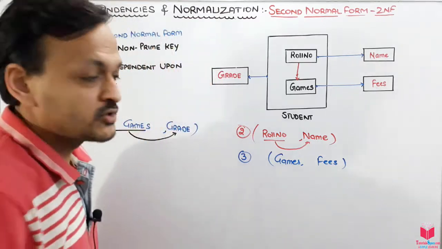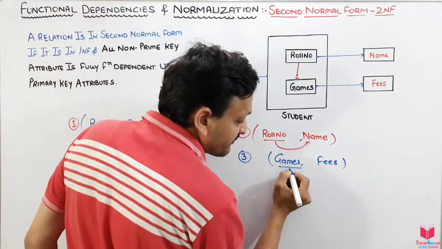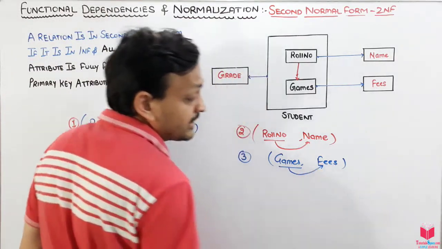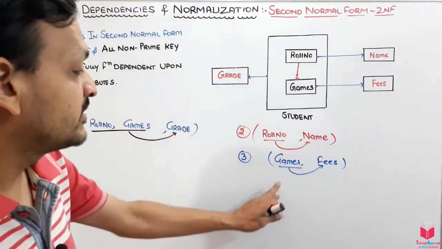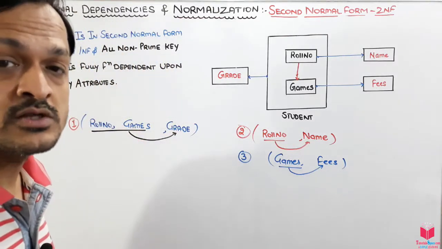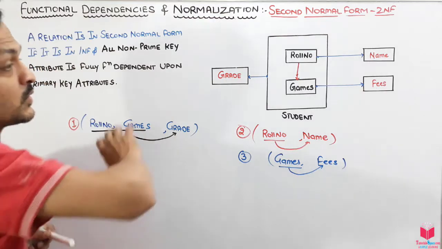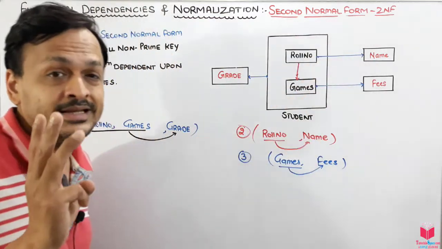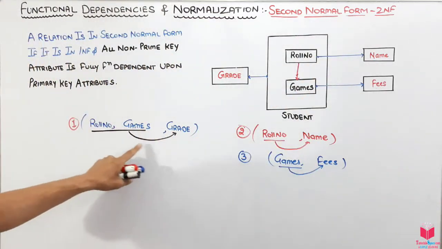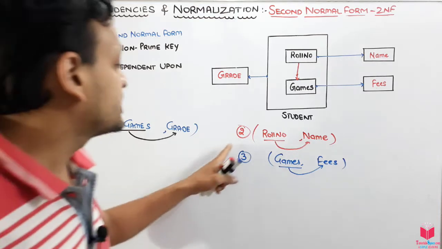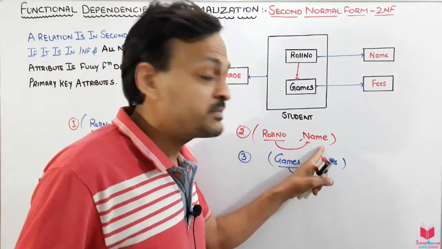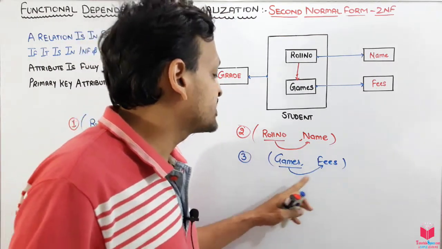So the non-prime key attribute is fully functionally dependent upon the prime key attribute. The definition is satisfied for this table too. So we divide the whole table into three tables: roll number, games and grade in one table; the second table includes roll number and name; and the third table has games and fees.